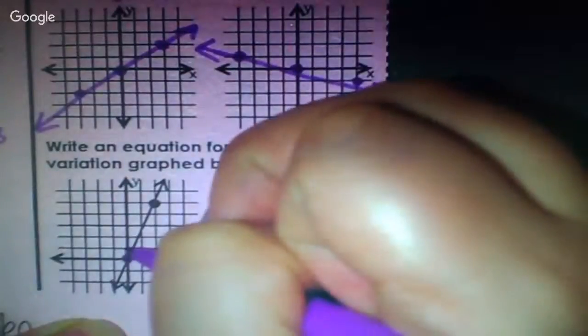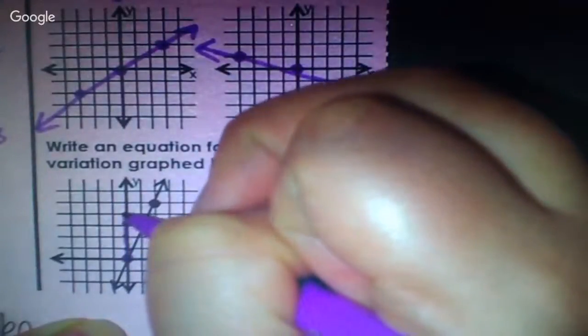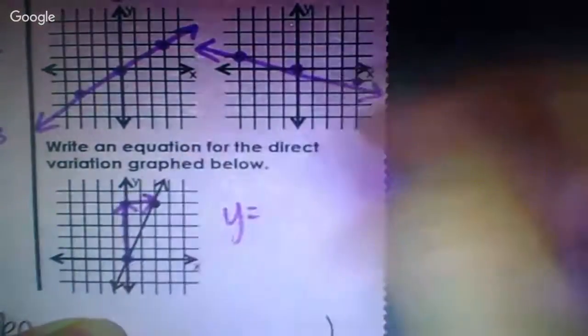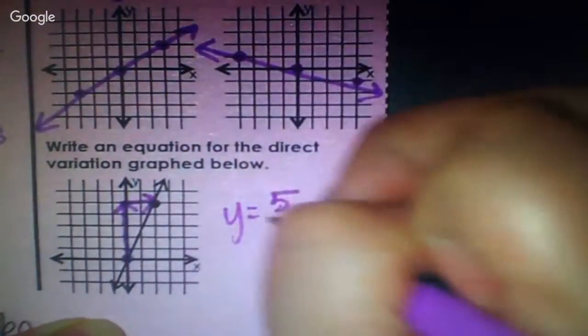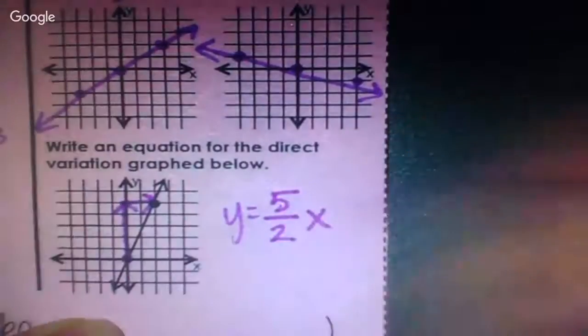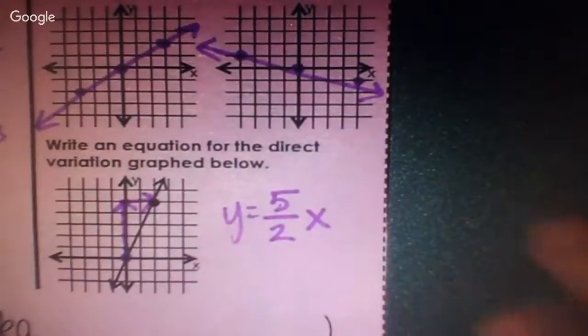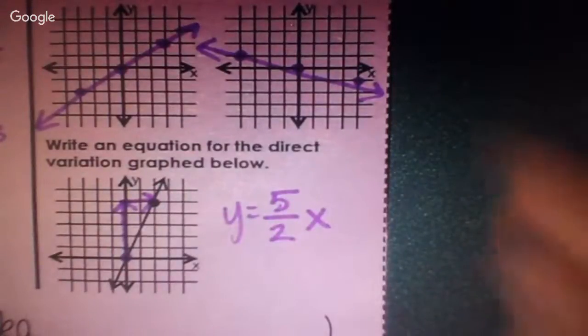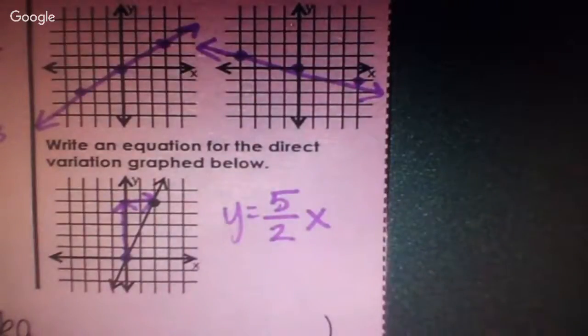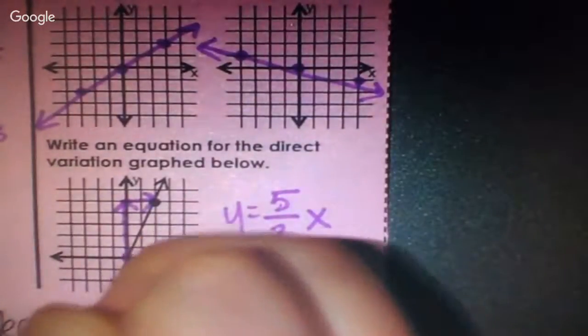So y equals, I go up 1, 2, 3, 4, 5, and to the right by 2. So +5, +2. Or it could have been -5, -2, which would have turned it into a positive. Representing a direct variation, also known as the constant.